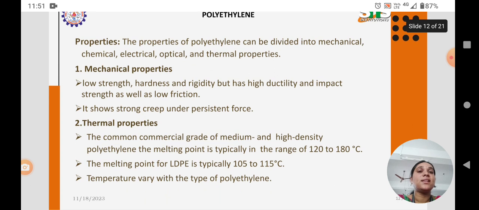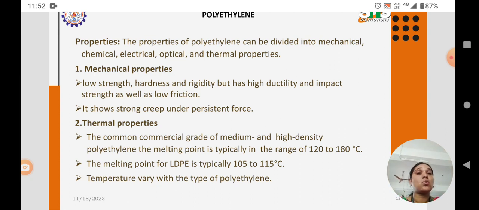The important properties of polyethylene are mechanical and thermal properties. It has many properties like chemical, electrical, optical, and thermal properties. First, we are going to see the mechanical properties. It has low strength, hardness, and rigidity, but has high ductility and impact strength as well as low friction.